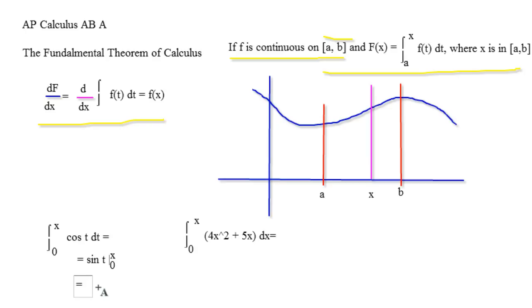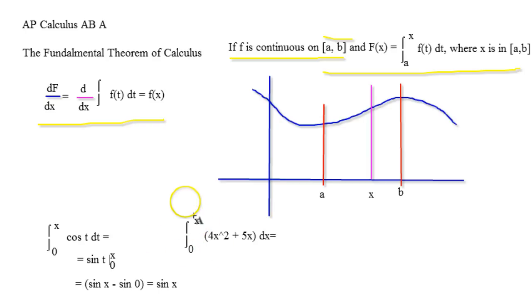That's basically sine of x minus sine of 0 degrees, or 0 radians, whatever you want, and this is just sine of x. So I found the antiderivative by doing the integral of cosine of t. The antiderivative of cosine of t is sine of x, with respect to x.